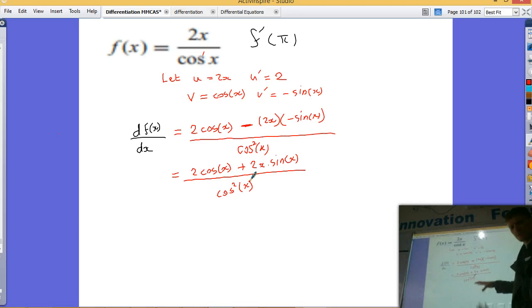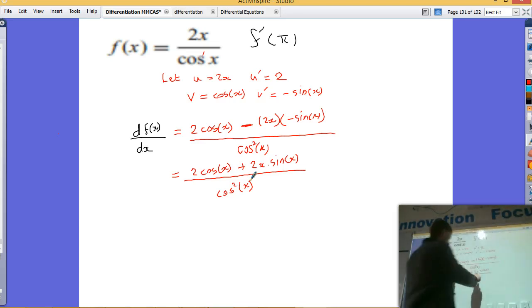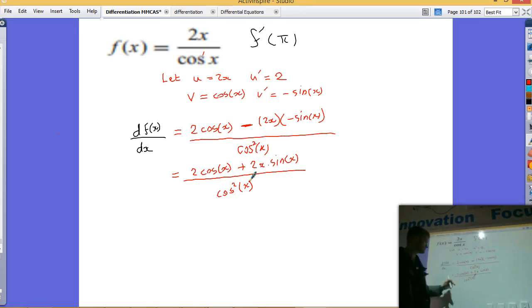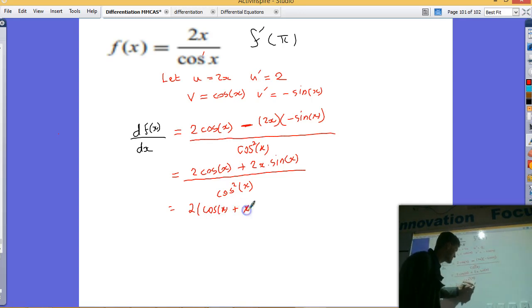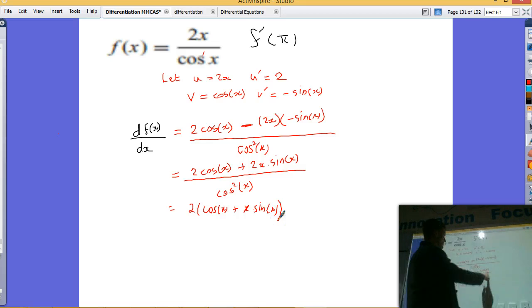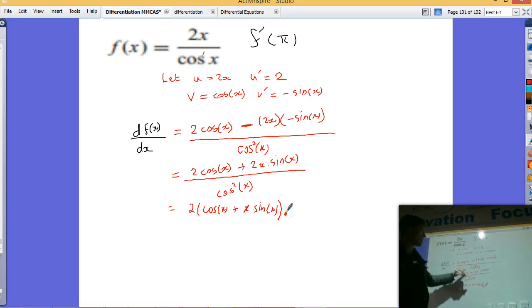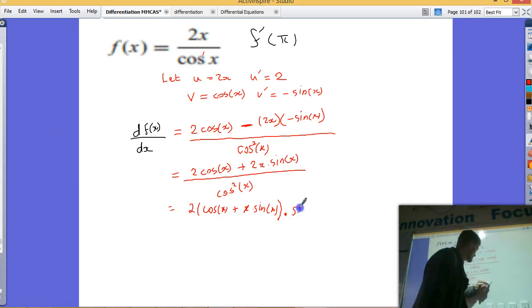Okay, now I want to be able to clean this up a little bit. So I've got some common factors here, 2. Let's take that out. And I've got a cos of x plus x times sine of x, all in the numerator. And now I'm going to multiply it by 1 over cos squared of x, which is simply a sec squared of x.